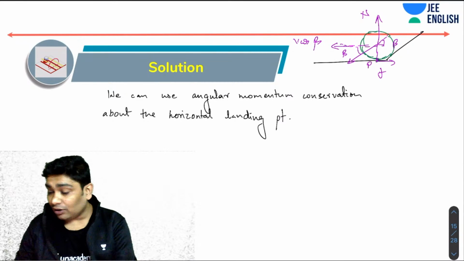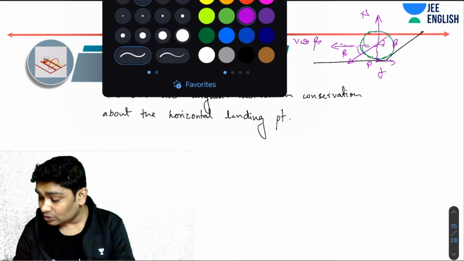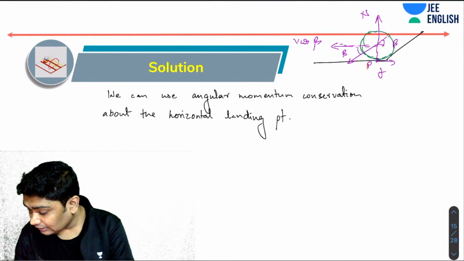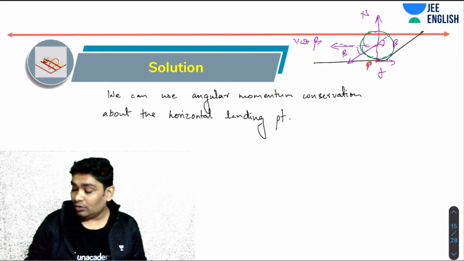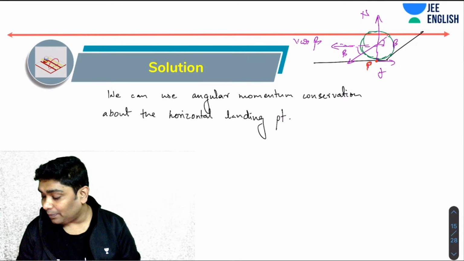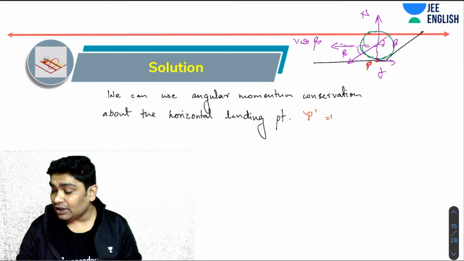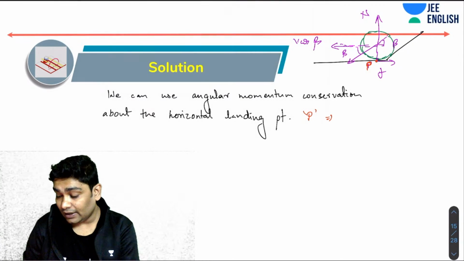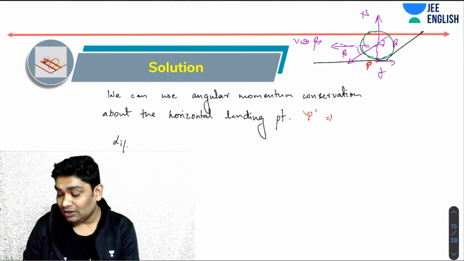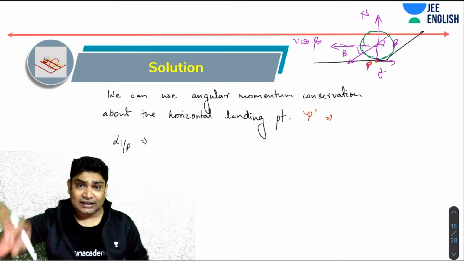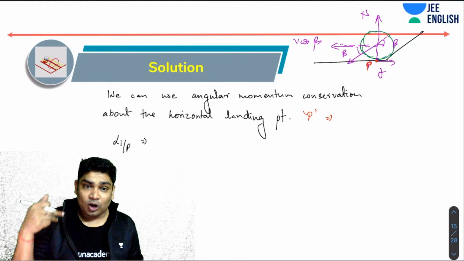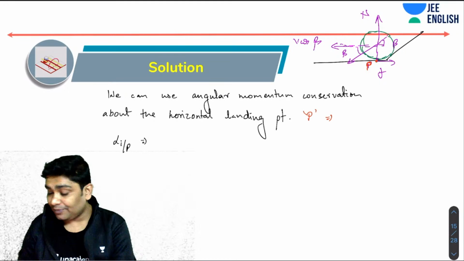So what will be the angular momentum about P? Here is my point P. Let's highlight this. This is the point of landing, the landing point P. So the initial angular momentum, L initial about P, all the signs would be along the k axis only, so I'm not writing the vector signs.